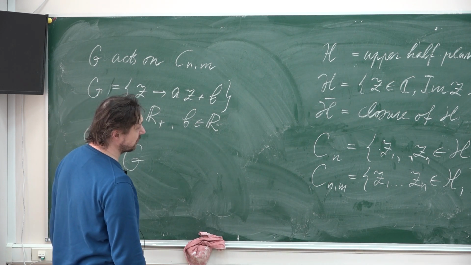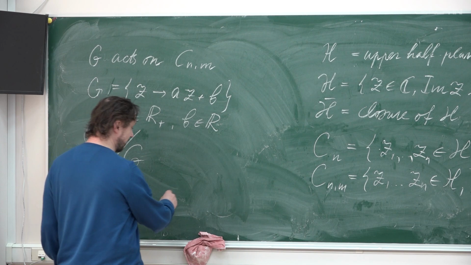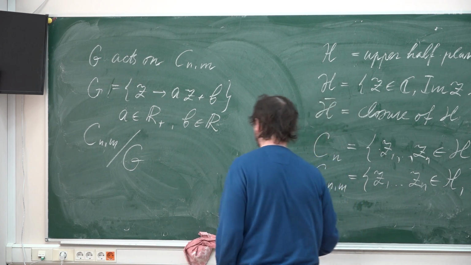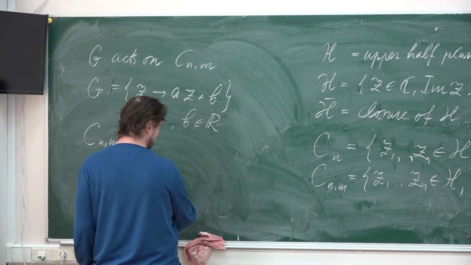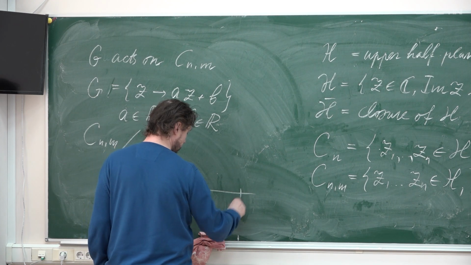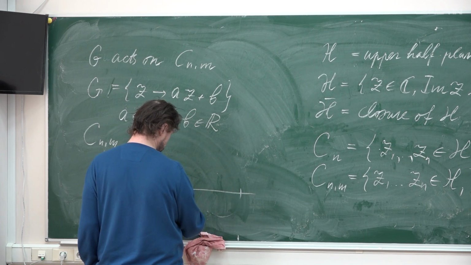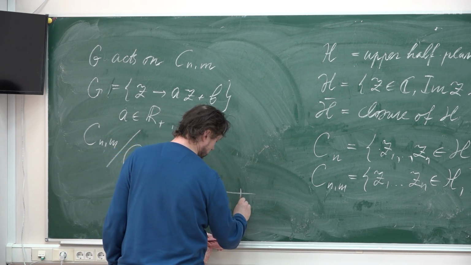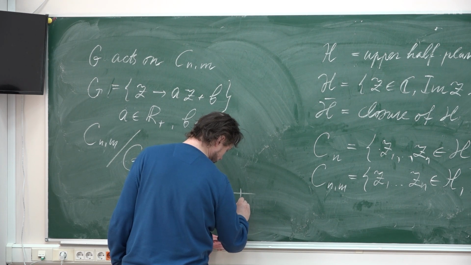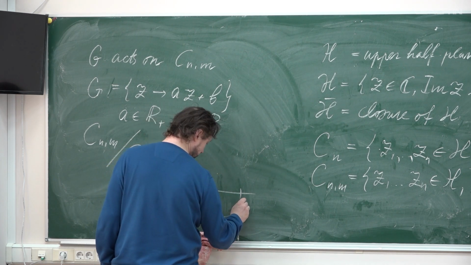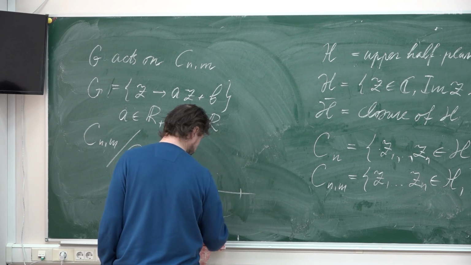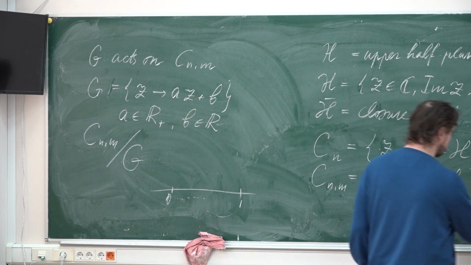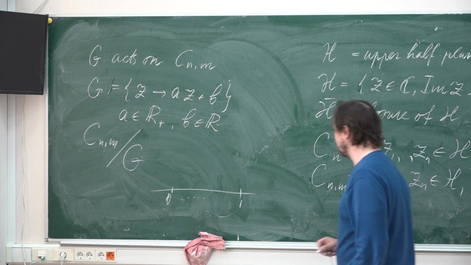It means that I can actually assume that when I have a configuration of n points in the upper half plane and m points on the boundary, I can always assume that the m points I have are distributed between 0 and 1. So the first point on the line will be 0, and the last will be 1.